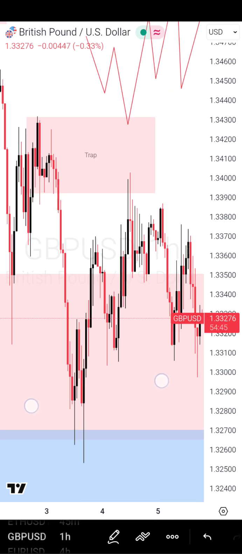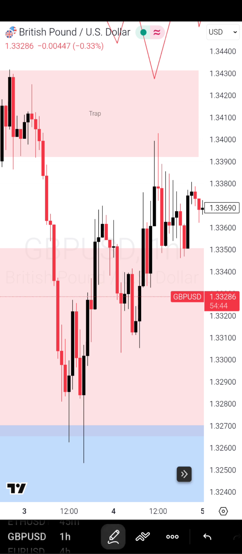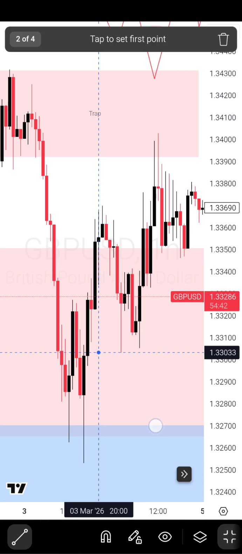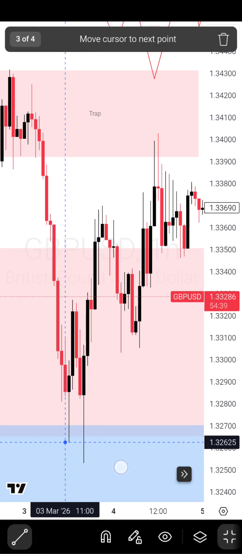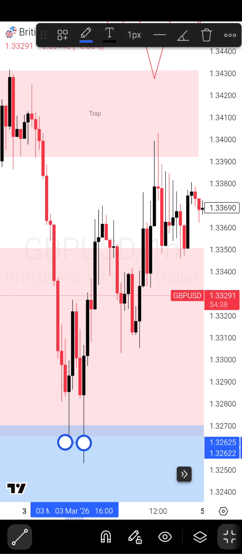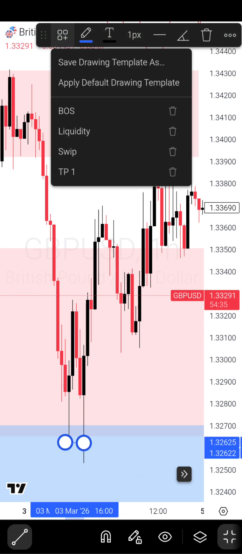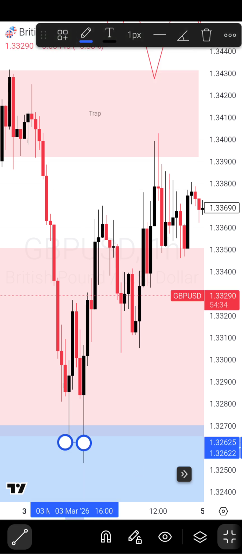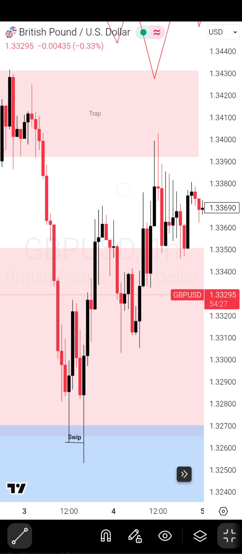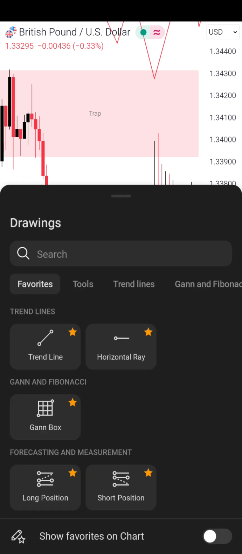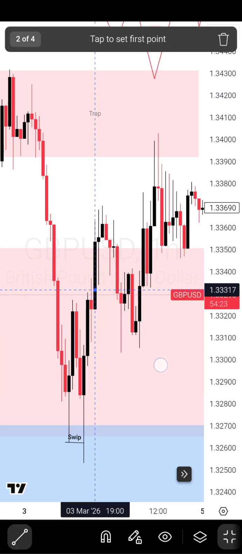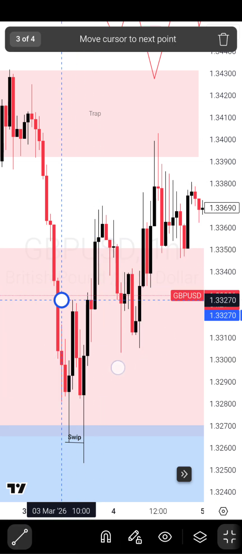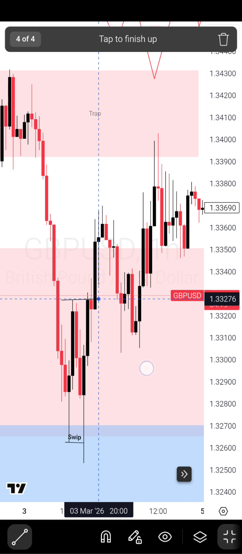So if I zoom in and map out my chart, you can see that this is a sweep. Then we had a BOS here, break of structure here.